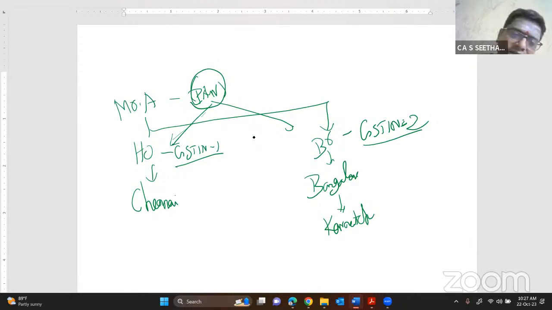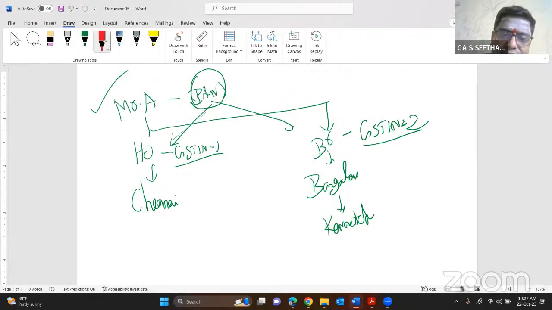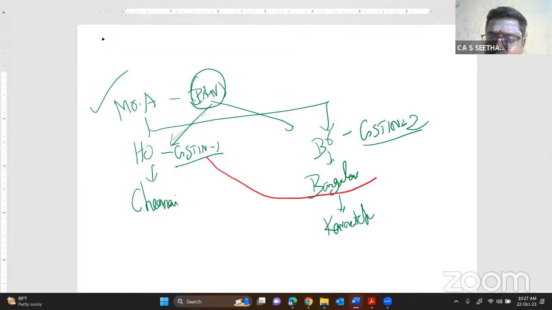Any person having the same PAN and having two different registrations, the relationship between these two GSTINs will be called a distinct person.